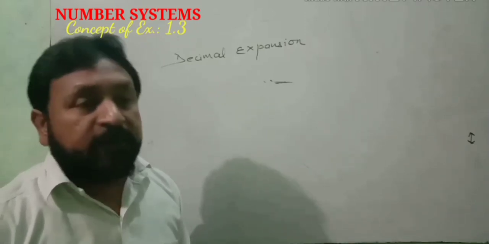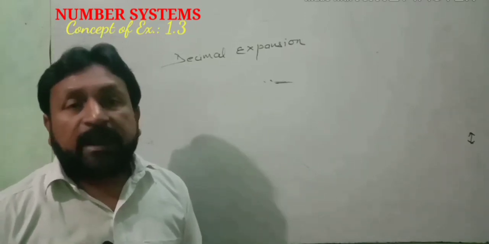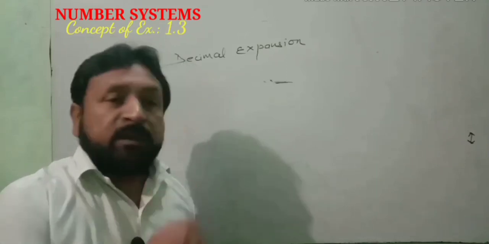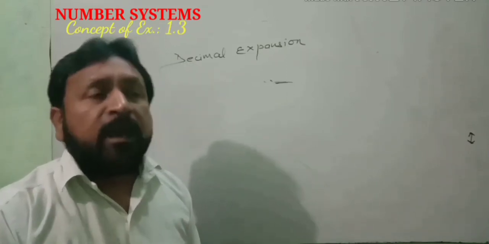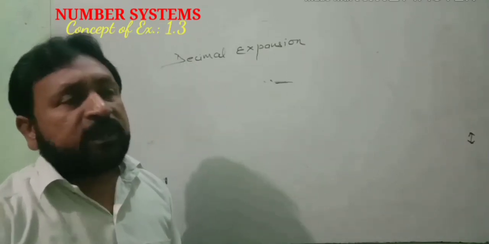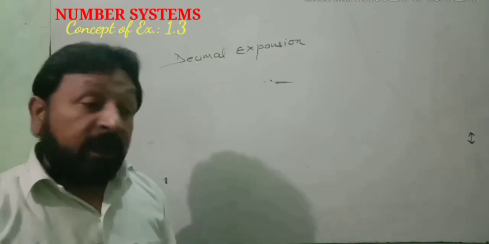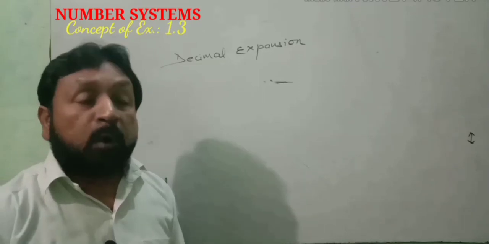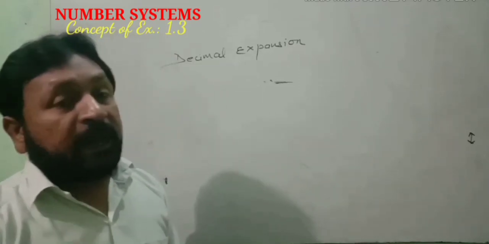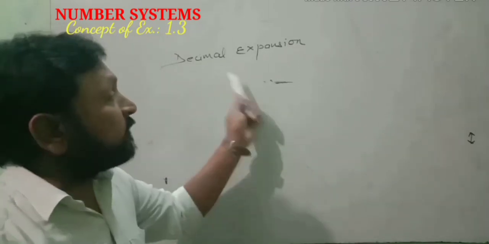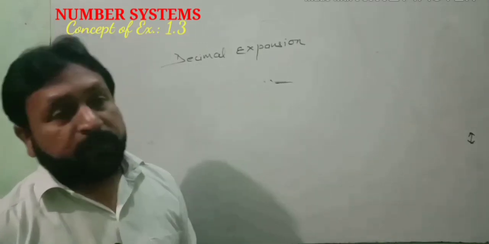Decimal expansion means that whenever we divide a number, after the decimal it will go up to some places, maybe 1 place, 2 places, 3 places, 4 places. When we do the division, how many places it goes after the decimal is called the decimal expansion of a real number.